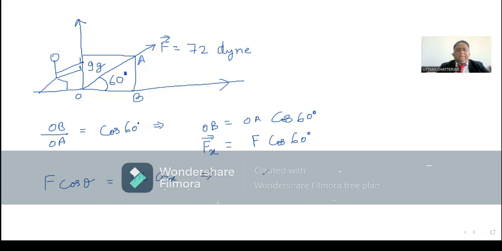So ax can be written as F cos theta by m.